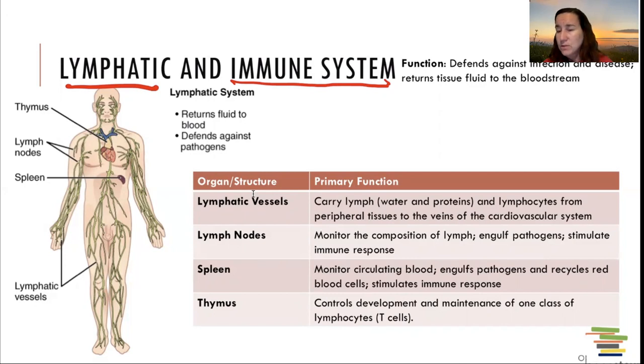So we need to drain the excess fluid and clean it up. So our lymph nodes that are filled with white blood cells, T's and B cells, are going to clean up that fluid and make sure that everything is good before we dump it back in the bloodstream. So defend against infections and diseases and returns fluid back to the bloodstream.